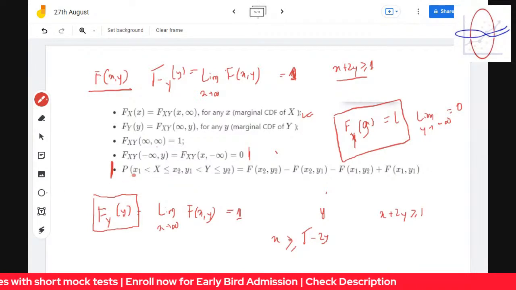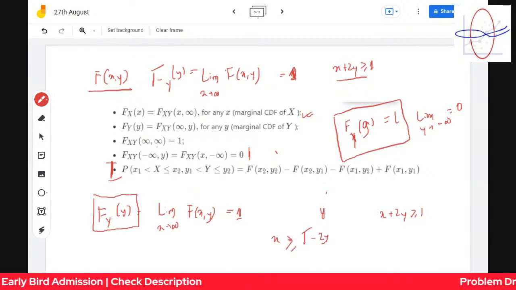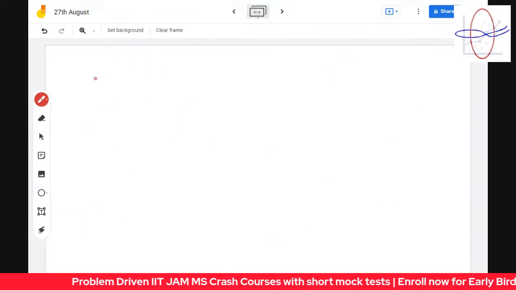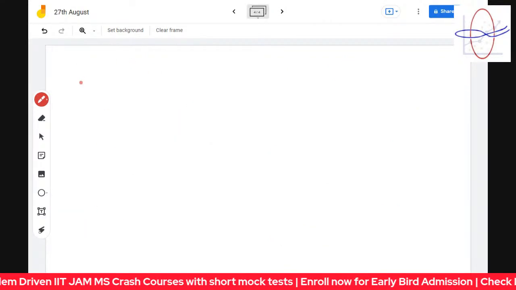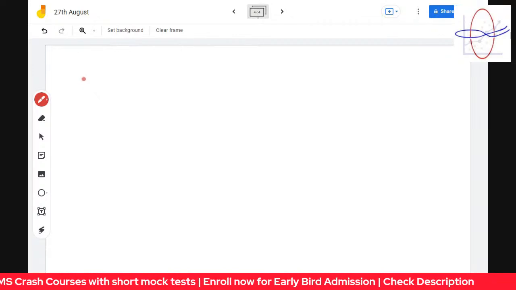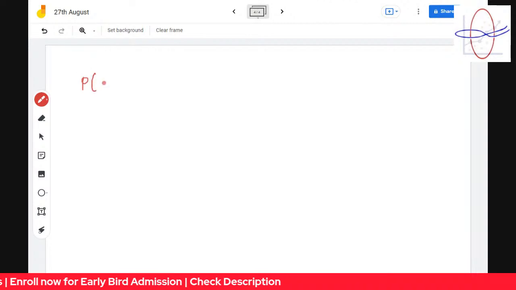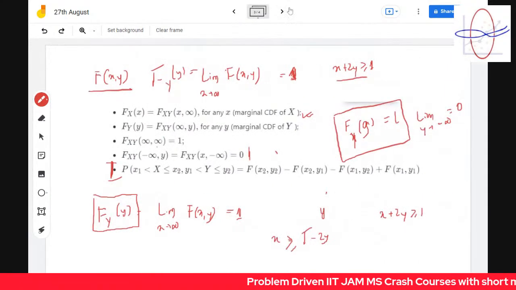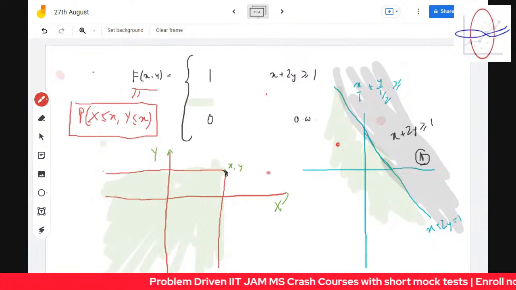And this is actually one other condition. Let me share with you another idea for proving that it's actually not a valid CDF, other than the marginal CDF method we already used. Let's find the probability that x is less than or equal to 2. We can rewrite this as a probability lying in a square region.